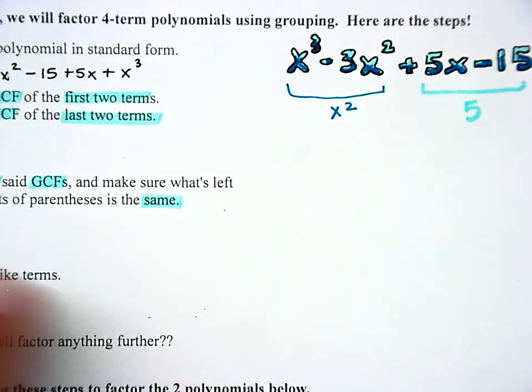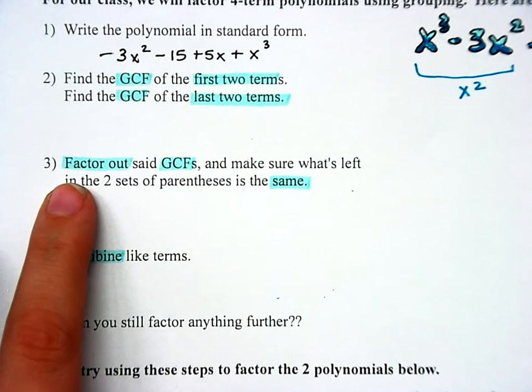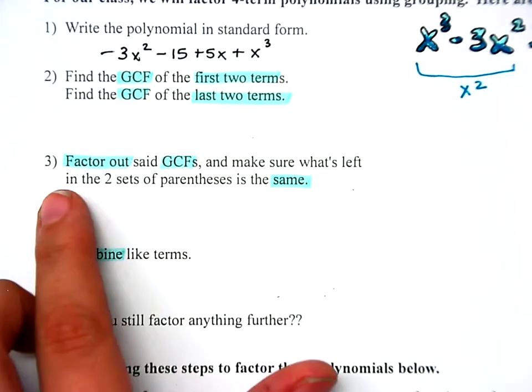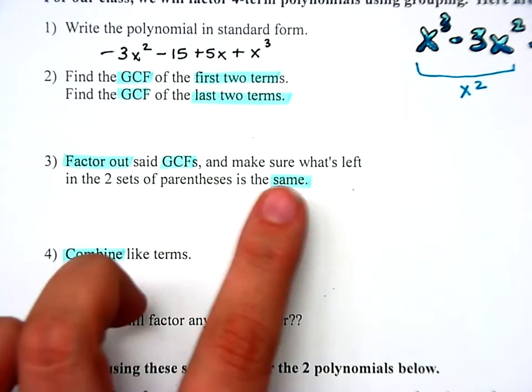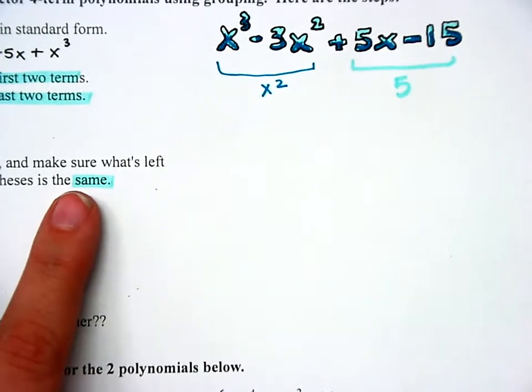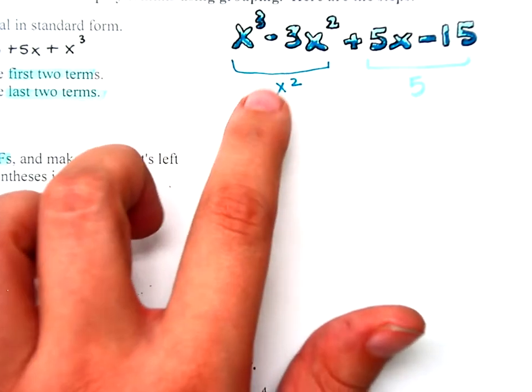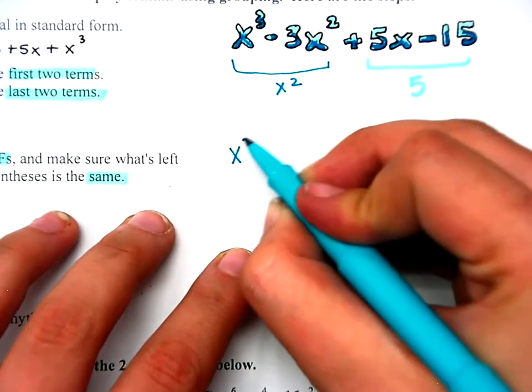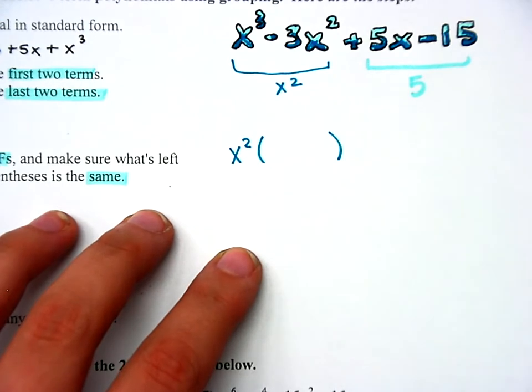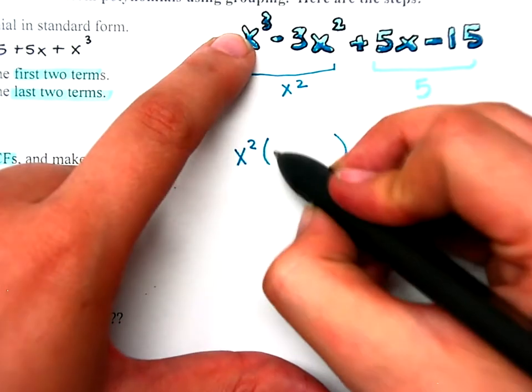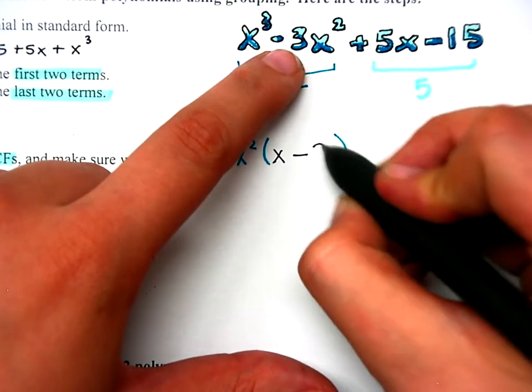Okay, the next step, I'm going to factor those out and make sure what's left in the 2 sets of parentheses is the same. I'll show you exactly what that means. So for the first one, I'm going to factor out x squared. And then what's left is an x minus 3.